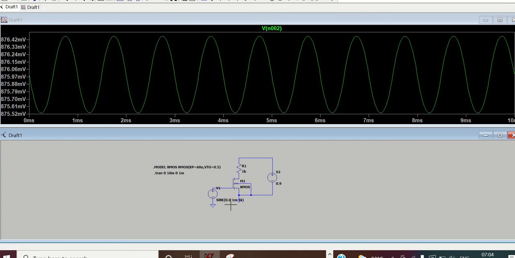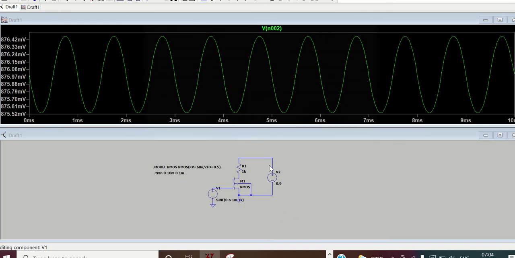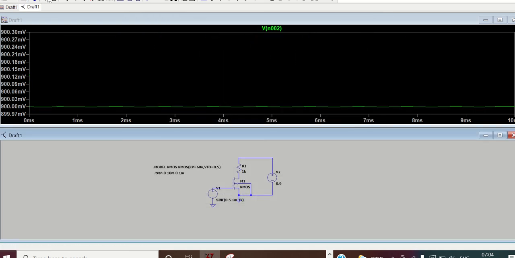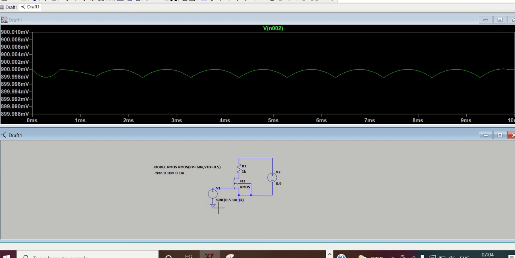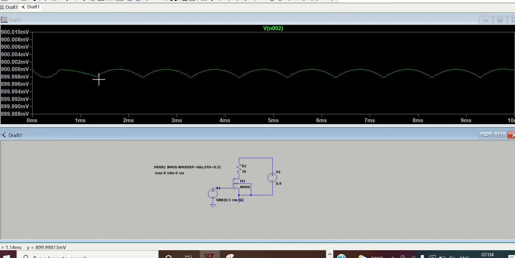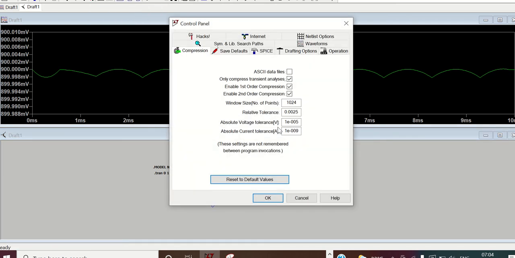It has not improved much. Let me reduce this from 0.6 to a lower value. If you see this kind of waveform, you should come to Tools, Control Panel, and increase this.